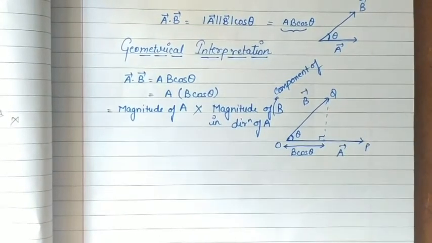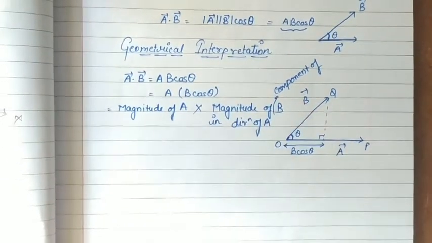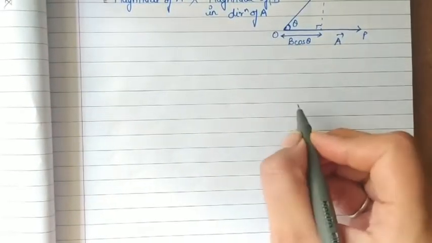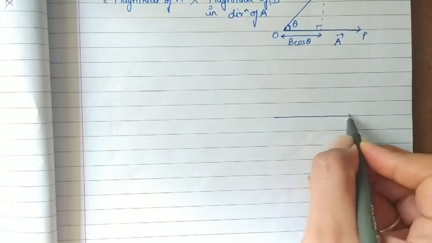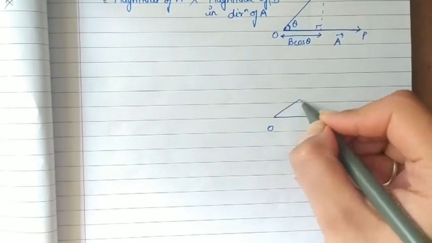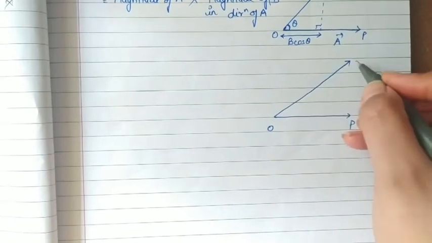Now let us look at this in another way. If we draw the projection of A over B, then what happens? For that we are making the diagram again. This is A vector, or we write it as OP, and this is OQ. Suppose this is B vector.